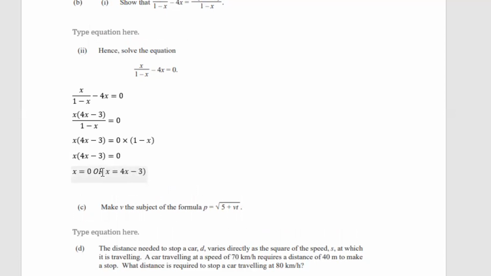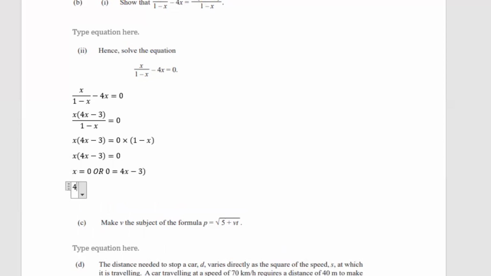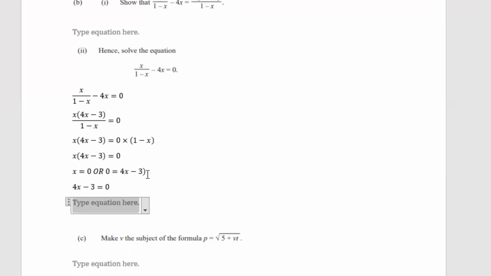So it is x is equal to 0, or 0 is equal to 4x minus 3. So we're equating each term here. X is equal to 0, or 4x minus 3 is equal to 0. So now solving for that, 4x minus 3 is equal to 0. Therefore 4x is equal to a positive 3, as the 3 was negative here. So when it comes across, it will become positive.